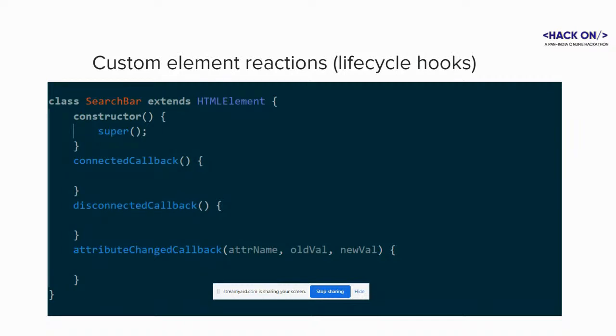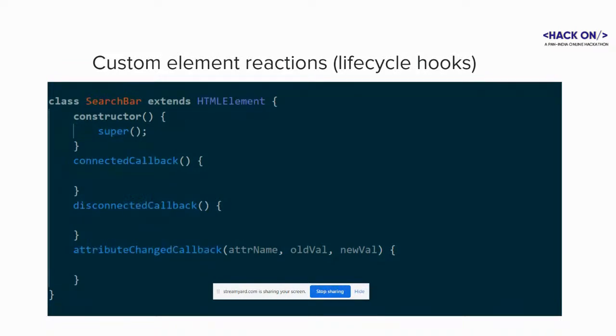For example, in Angular, you would have ngOnInit to initialize, to see whenever your app is initialized, what all should be present. Similarly, in this, we have connectedCallback. When all the DOM is rendered into the browser, that's when this connectedCallback function is called. Similarly, in Angular, if you know ngOnDestroy, I don't know how many of you have been using Angular, but I'm using it as a reference because I'm assuming it would be easy for you to relate and understand. disconnectedCallback is used when you remove the node from the DOM.